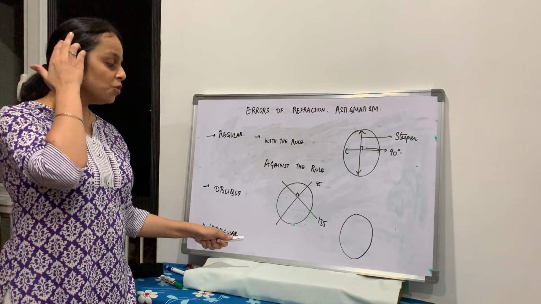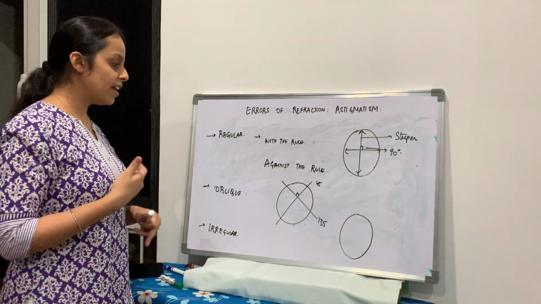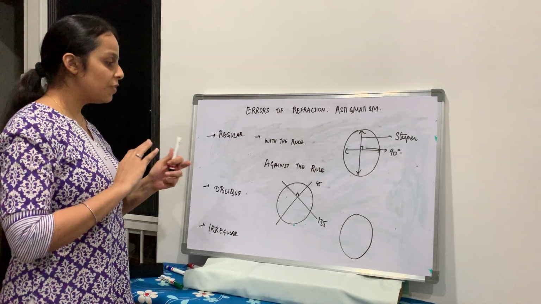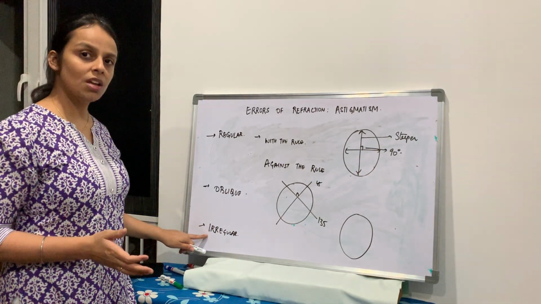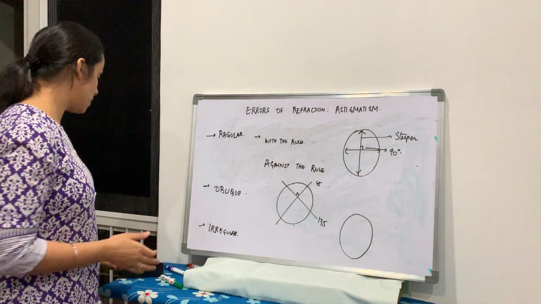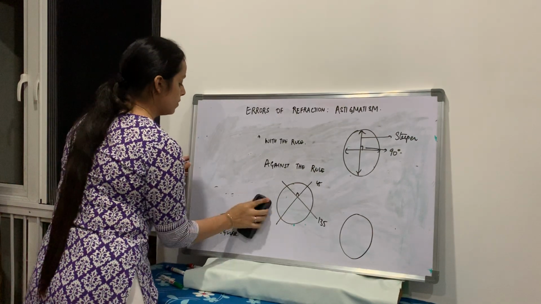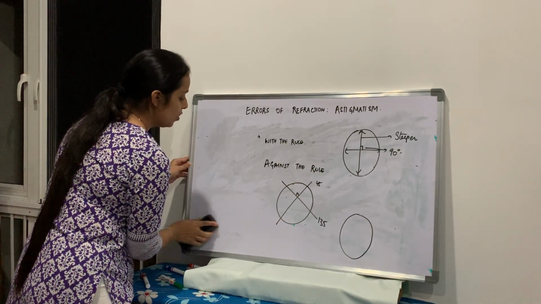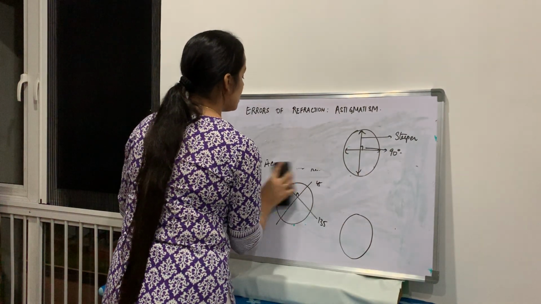Irregular astigmatism usually happens in cases wherein you've had a corneal ulcer or you've had a keratoplasty, after which the curvature of the cornea becomes very, very irregular. Okay. So these are the various ways how you can classify astigmatism.